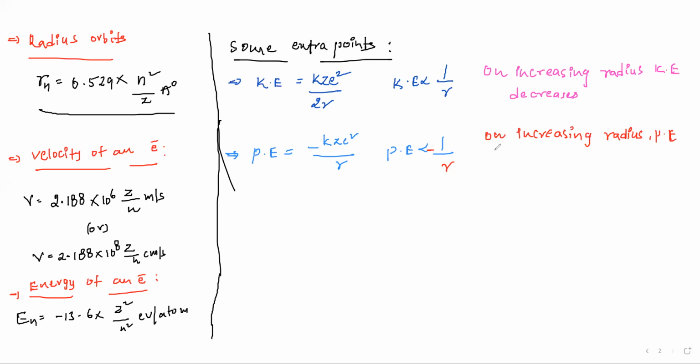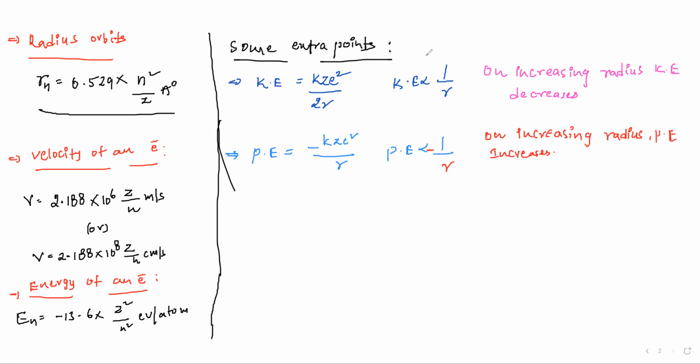Why does it increase? Because of minus R. Minus and inverse, inverse means it will come upward only. So the potential energy is directly proportional to radius. Potential energy increases. Is it clear? ఇక్కడ మైనస్ ఉందంటే డైరెక్ట్లీ ప్రపోర్షనల్ అన్నట్టే కదమ్మా.